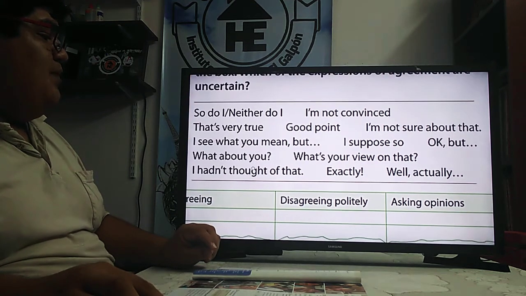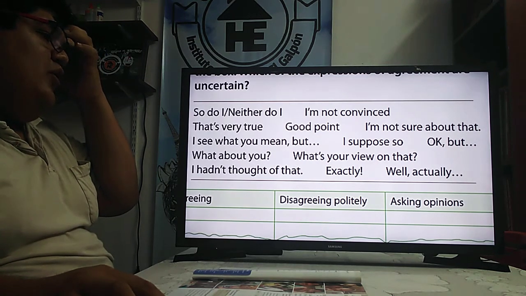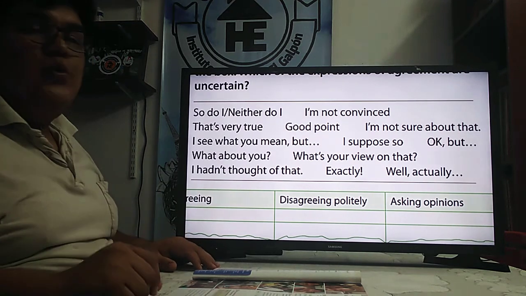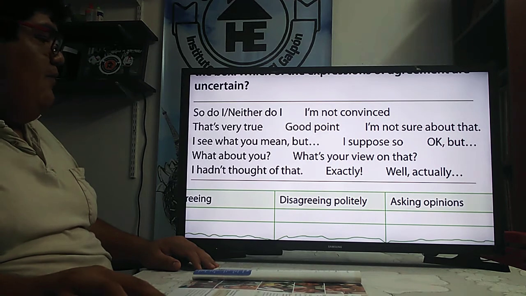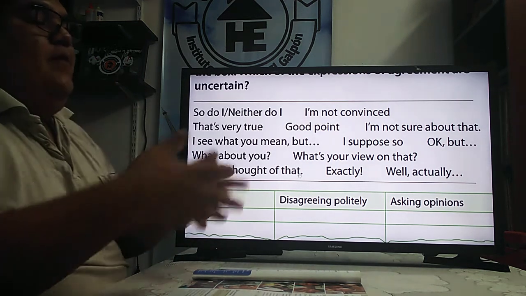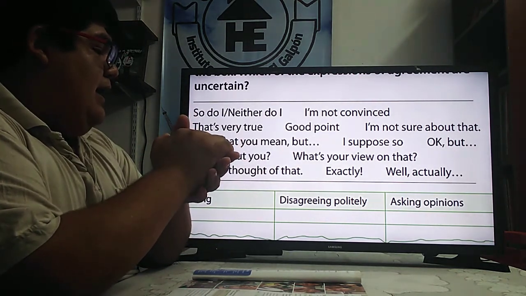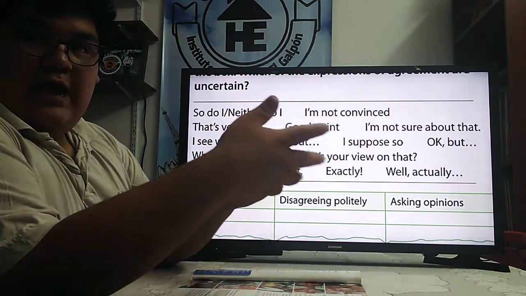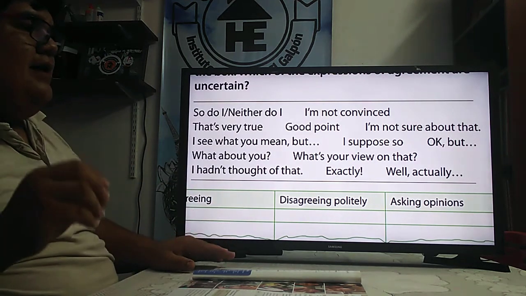What about you? Well, I always ask it to my students. What about you, when somebody gives a viewpoint and wants others to give theirs, okay? What's your view on that? Okay, very similar to what about you. I haven't thought of that. In some cases, especially in exam times, when somebody asks you something and you want to take your time to answer, you can say, I hadn't thought of that.